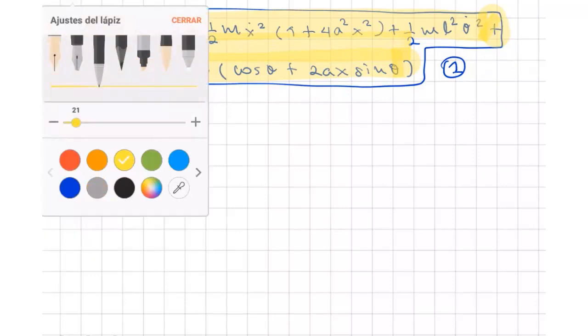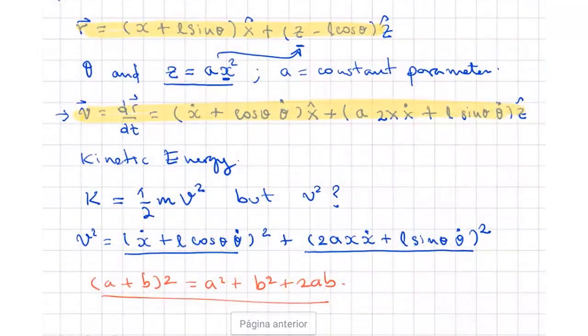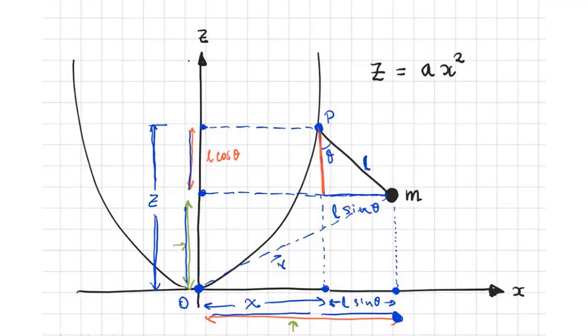Now, because it's easy to see what the potential energy of the mass is, if we come back to the figure, we can see that the distance between the origin of coordinates and the mass along the z-axis is this green one, right?